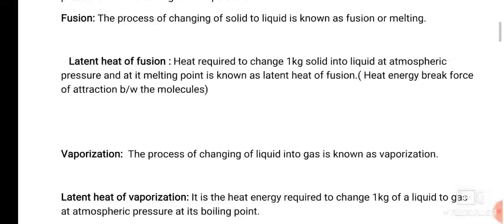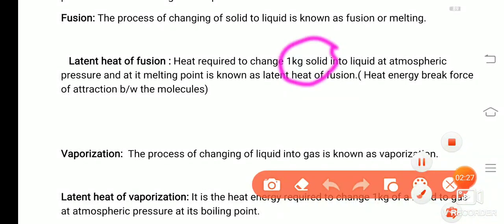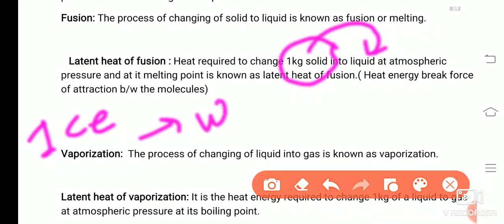Latent heat of fusion: the heat required to change 1 kg of solid into liquid. For example, suppose you have ice. How can you change the ice into water?